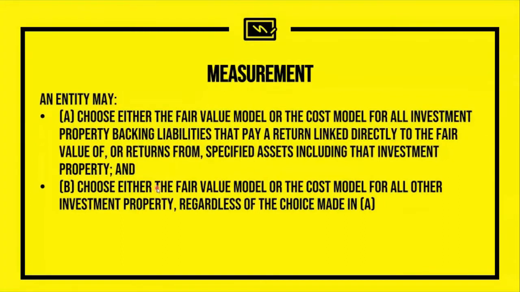Okay? So what does that mean? It means that whenever we choose the fair value model, either for Group A or Group B, and then later on you're going to apply IAS 8 to change the accounting policy from fair value to cost model, the standard in IAS 8 stated that it is difficult for you to do so, because it is rare that the change from fair value to cost model will result in more reliable or more relevant information.